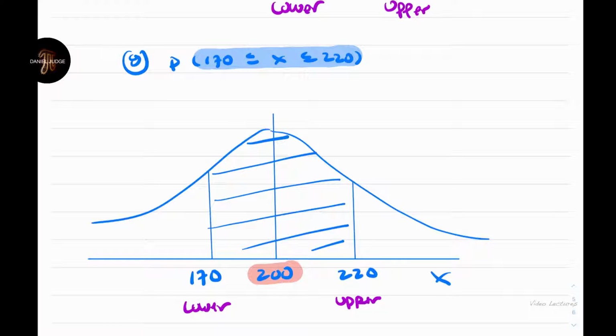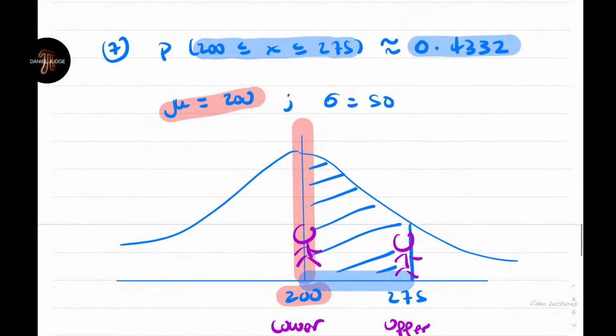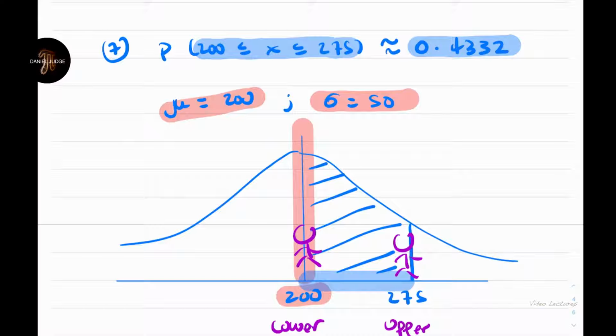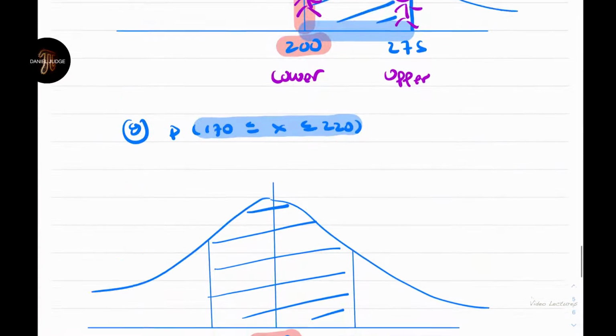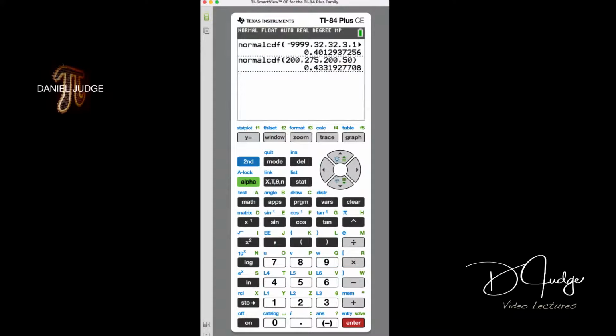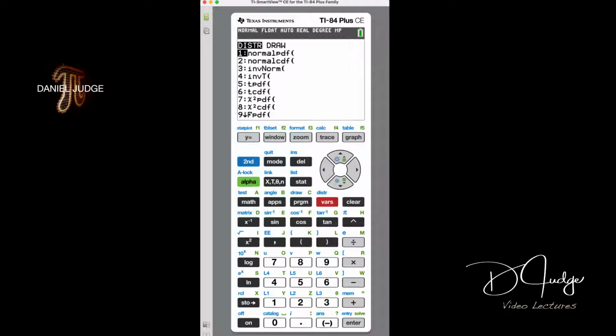Okay, let's try this out now. TI between 170 and 220. So it has the same mean as number 7. 200's the mean. Standard deviation is 50. Okay? So in the TI, I just have to remember the new lower. Second, distribution. Normal CDF. The new lower is 170 and the new upper 220.